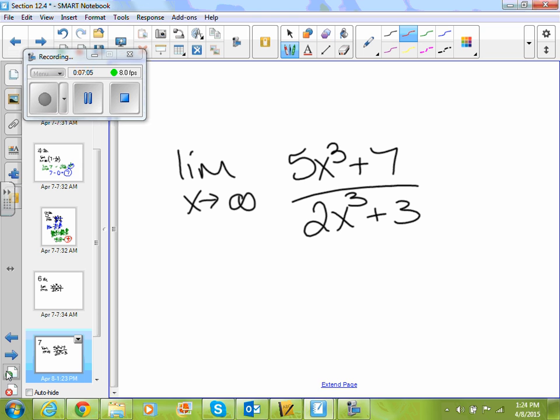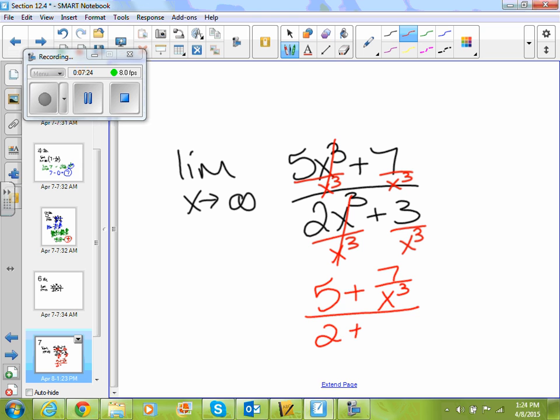We'll divide by x cubed because that's our biggest exponent. And then that rationalizes our first two terms, so 5 plus 7 over x cubed, and 2 plus 3 over x cubed.